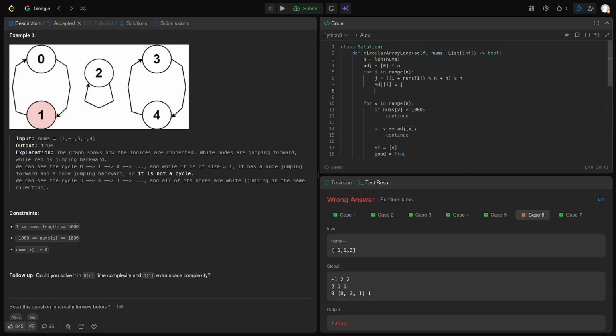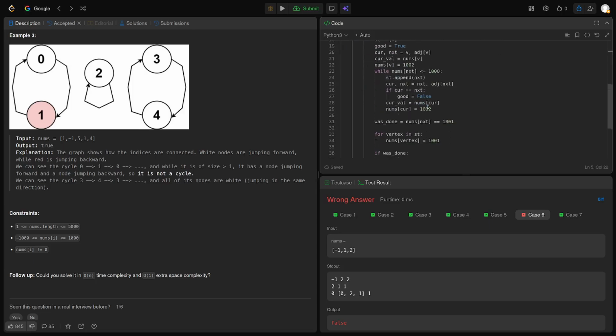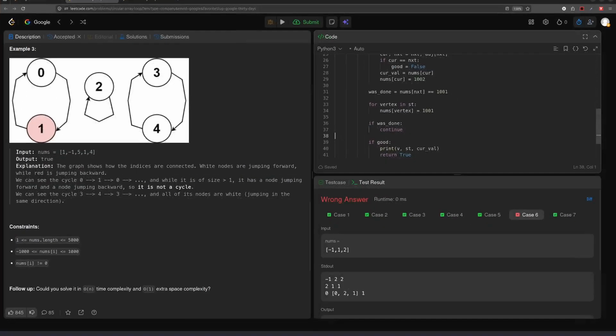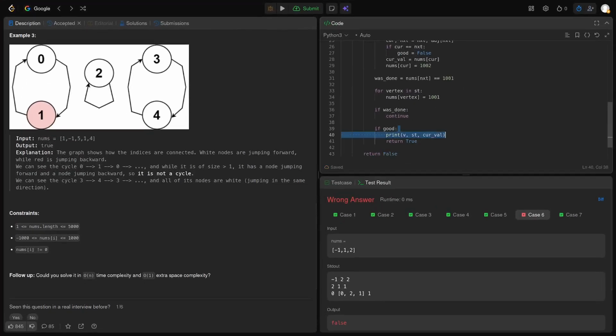If I set like reverse J's I, right? And then, okay, somehow we got good, and we still have to check if it's valid. And how do we do that?